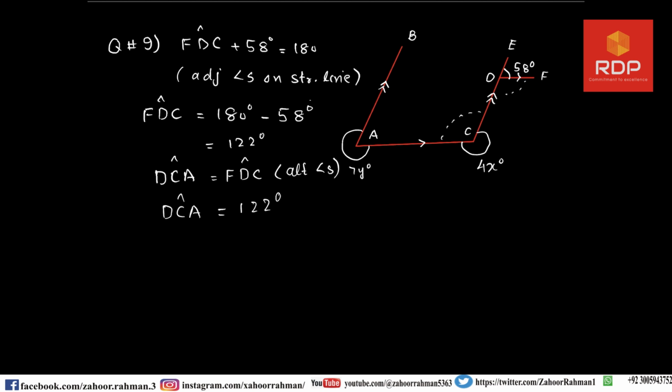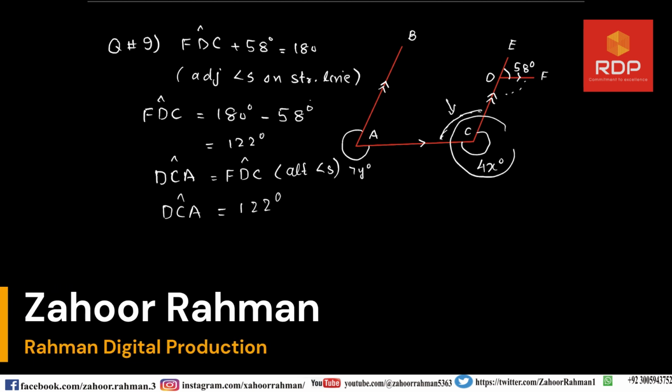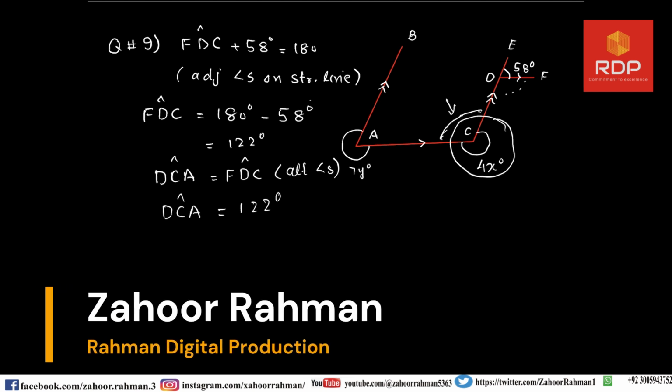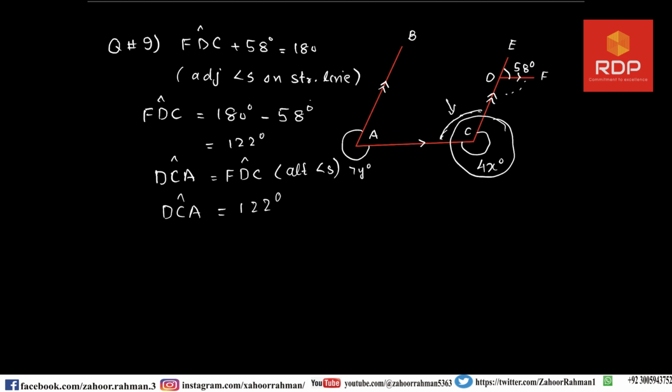So now we found this angle, ladies and gentlemen, and now we can find 4x from the angles at a point theorem.